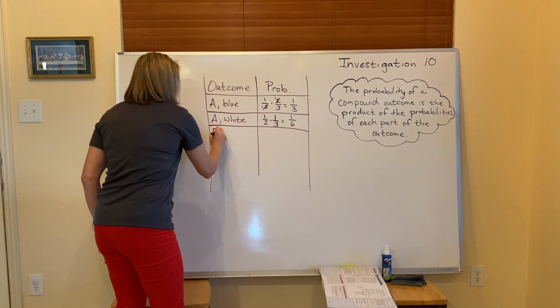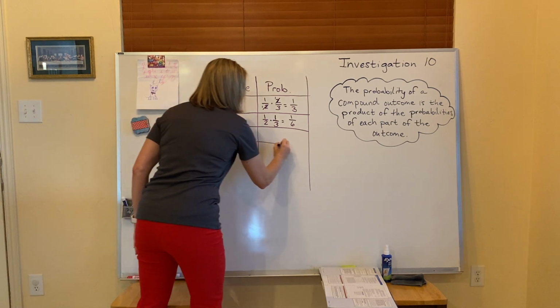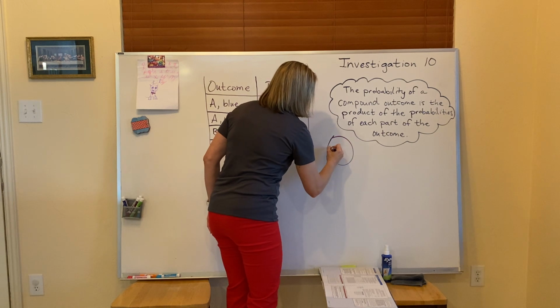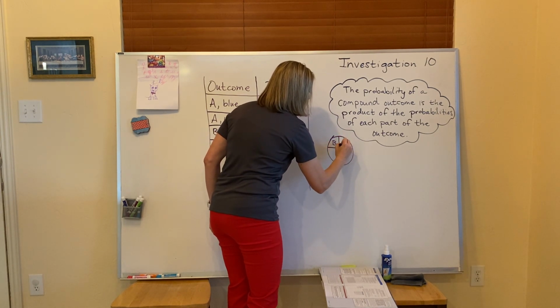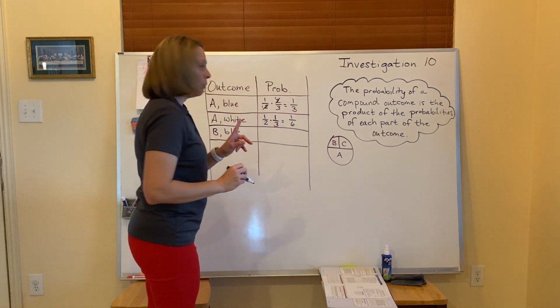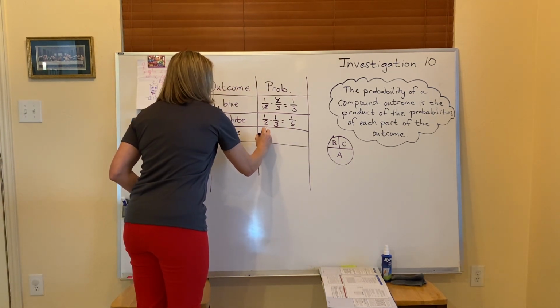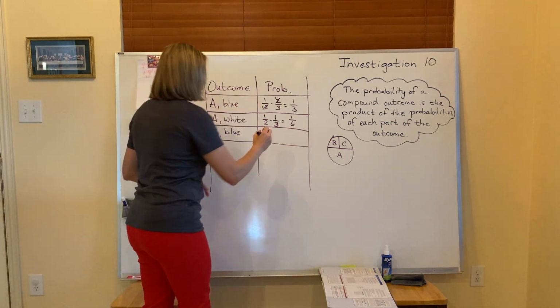B and blue. Okay, here we go. We have to look at our spinner. Remember, our spinner is divided into a half, which is A, a quarter is B, and a quarter is C. So we have a 1 in 4 chance of landing on sector B, times blue, drawing a blue marble, we know is 2/3.